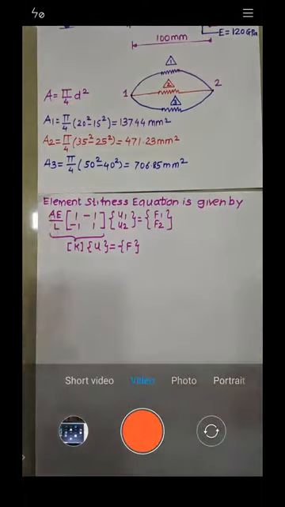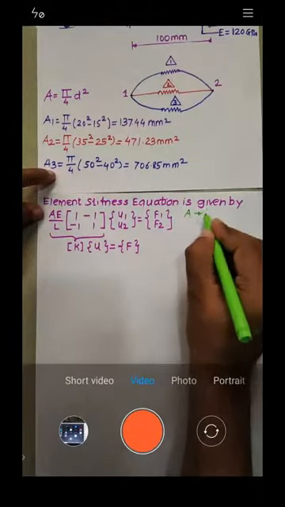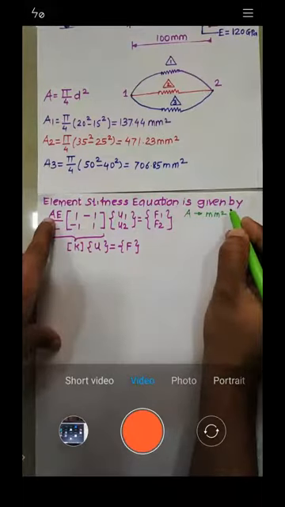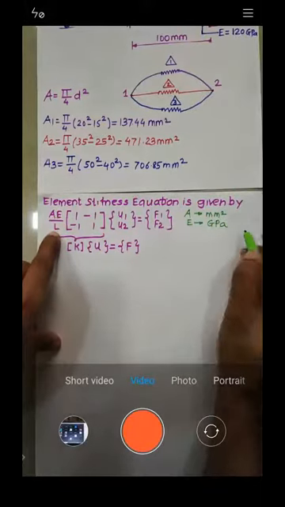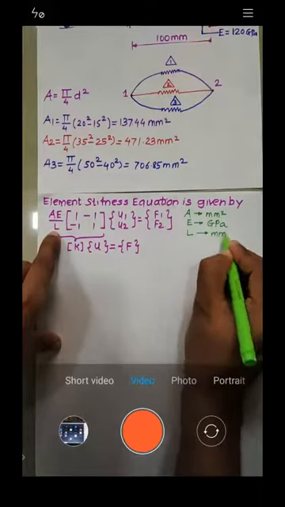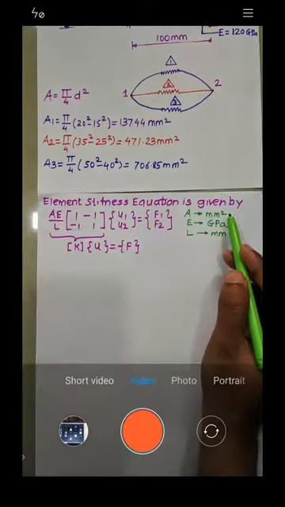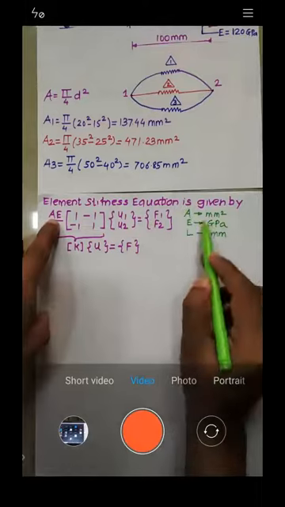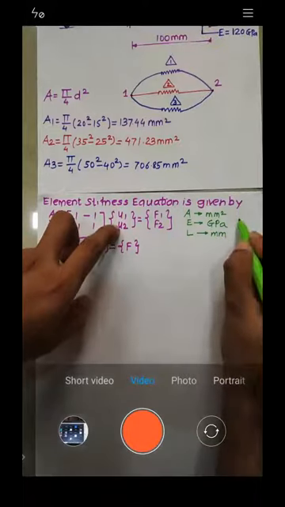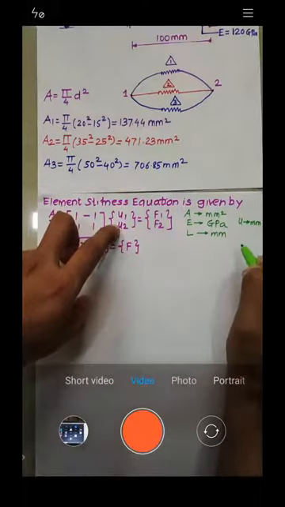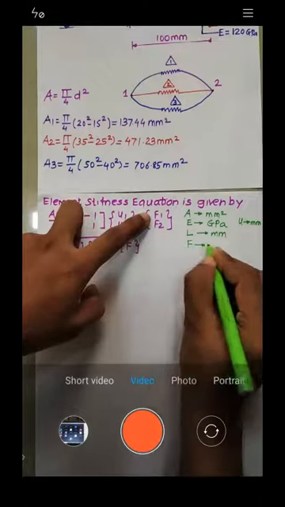If you have area in mm square, E in gigapascal, and length in mm, obviously you will get displacements in mm, and forces in kilonewton.